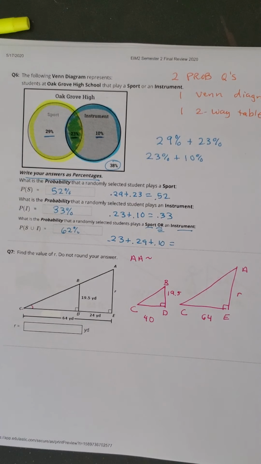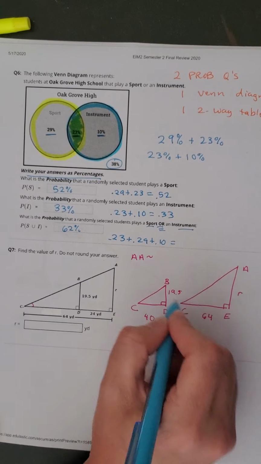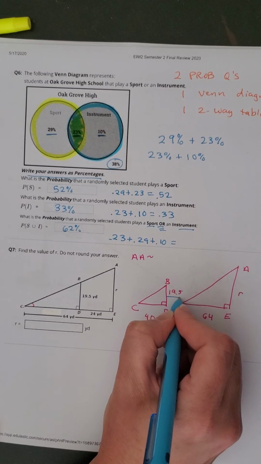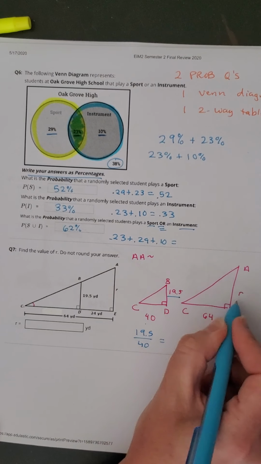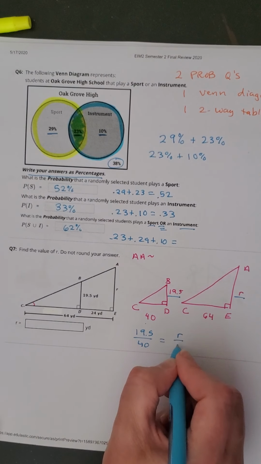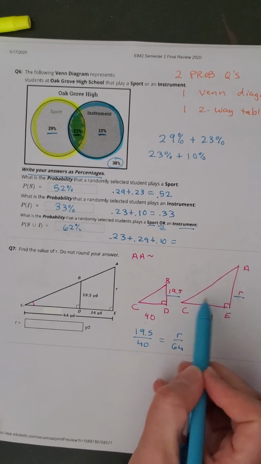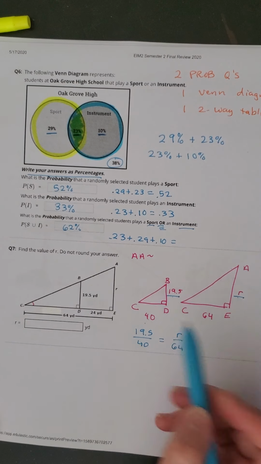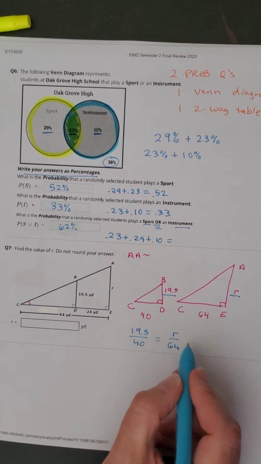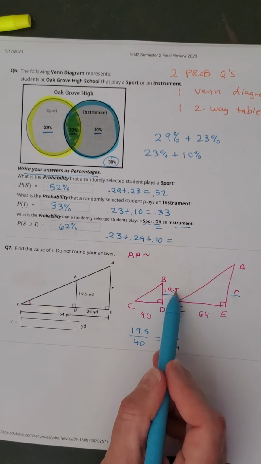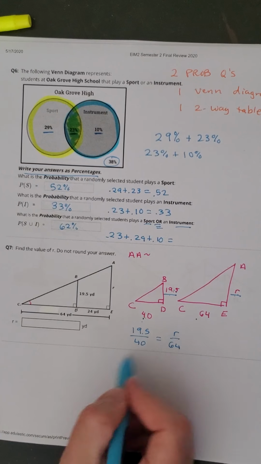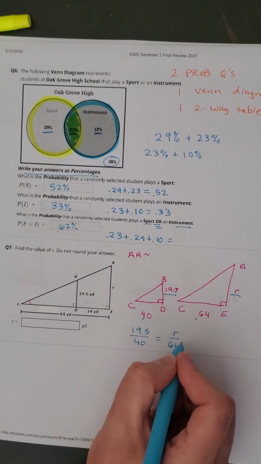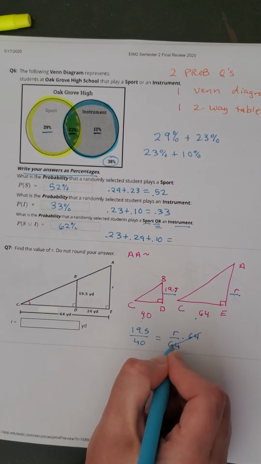So I'm going to create a proportion. Corresponding pieces go together. So you can say 19.5 is to 40 as R is to 64. Or you could say R is to 19.5 as 64 is to 40, and so on. I'm going to use always side is to base as side is to base. We're going to cross multiply, or you could multiply both sides by 64.